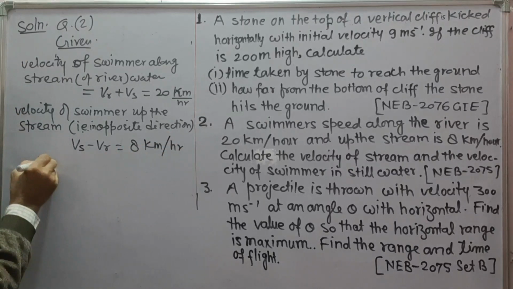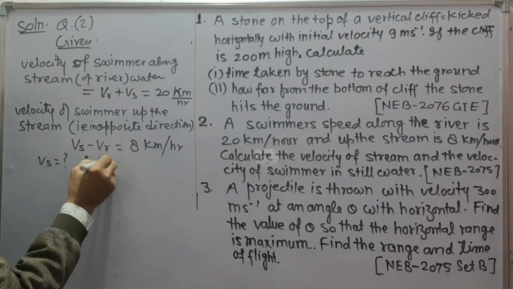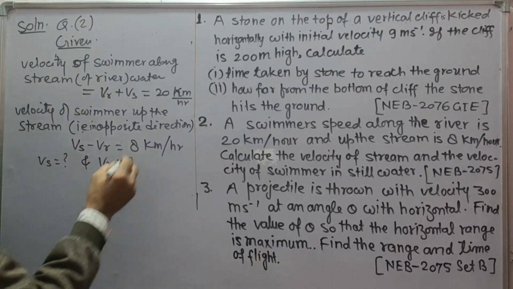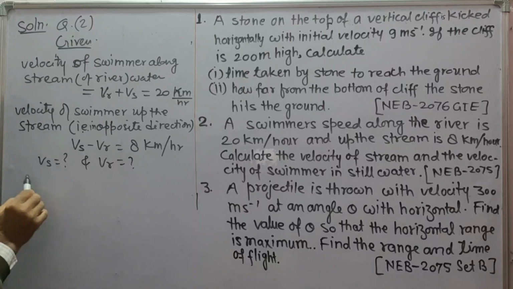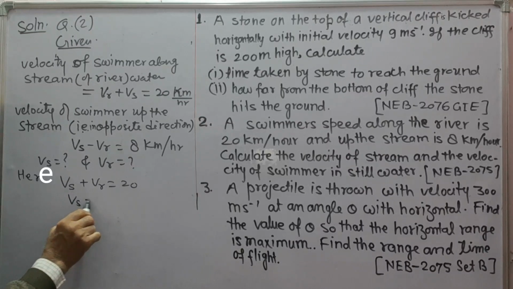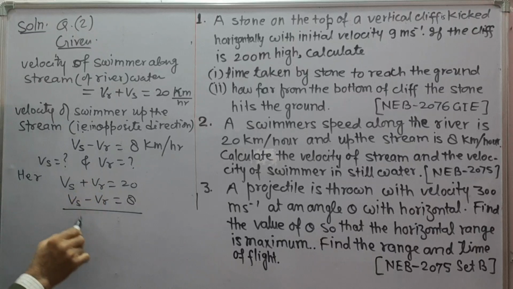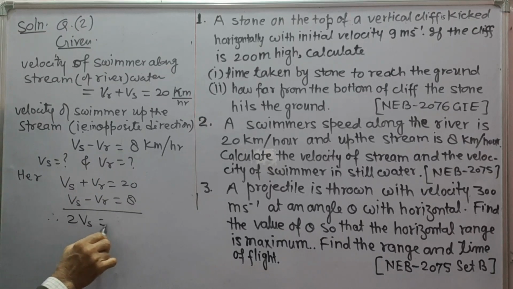So we have to find the velocity of swimmer and the velocity of river. Now V swimmer plus V river is 20, V swimmer minus V river is 8. On adding we get 2 V swimmer is equal to 28.